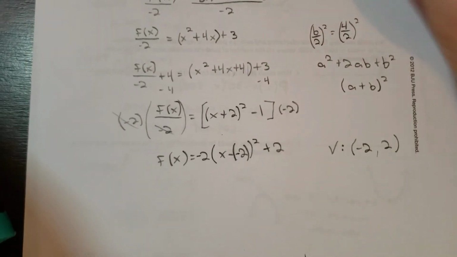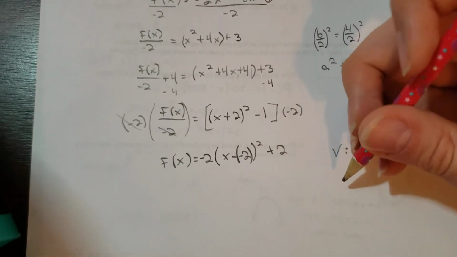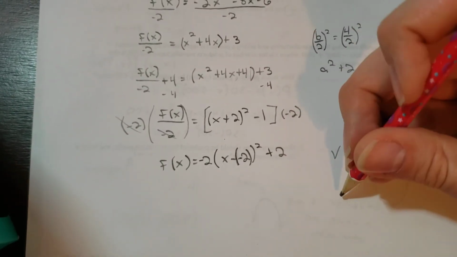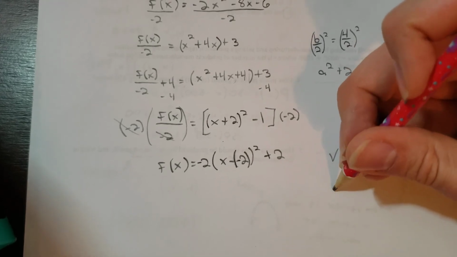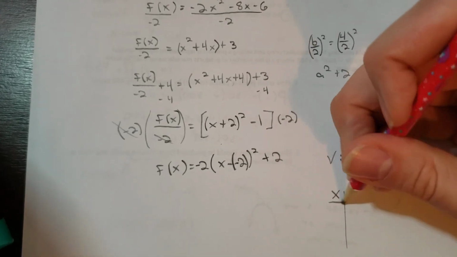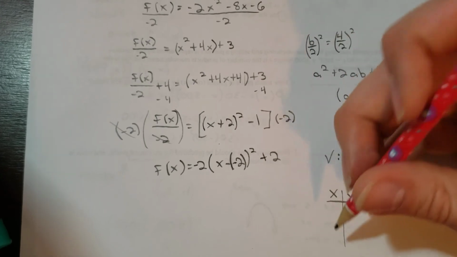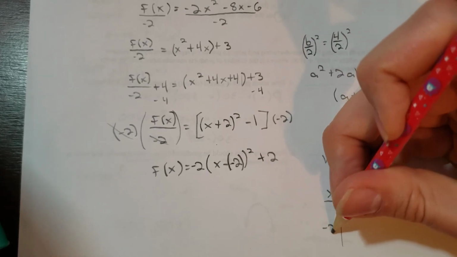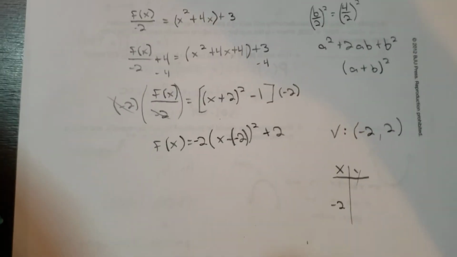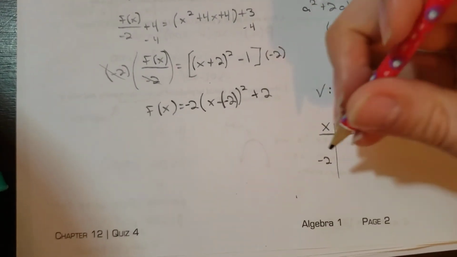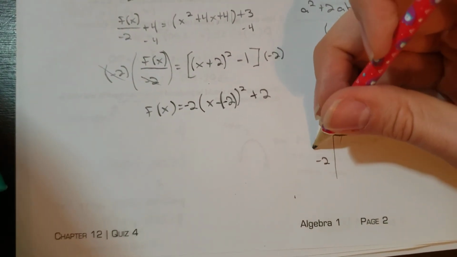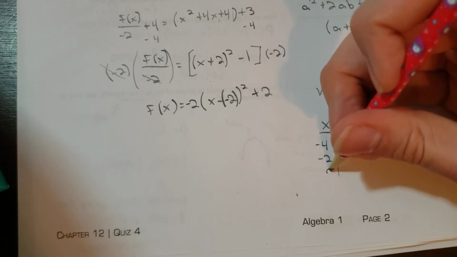Okay. Now what I'm going to do is I'm going to use my vertex when I actually use a t-chart. I'm going to use my vertex as that middle point. And then I'm going to do, let's say, -4 and 0.